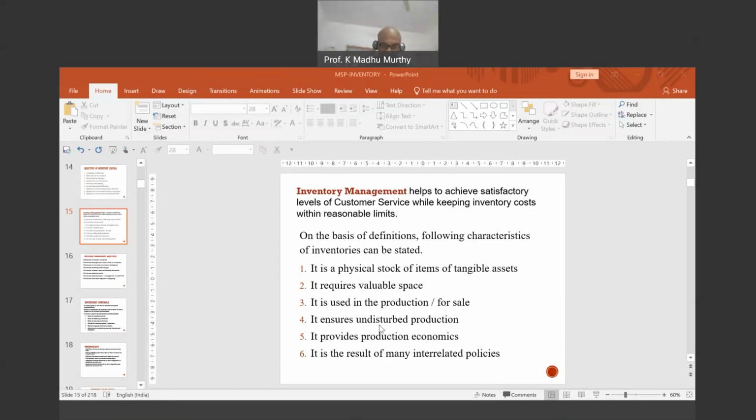And for this, such controls and management are required for undisturbed flow of goods and undisturbed production, and to provide economies of scale of production. And it would finally be dependent on certain interrelated policies and systems, right?